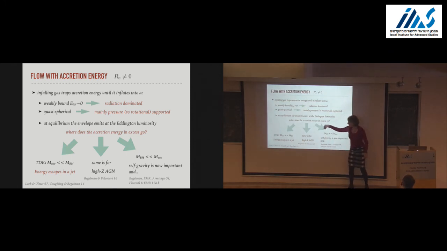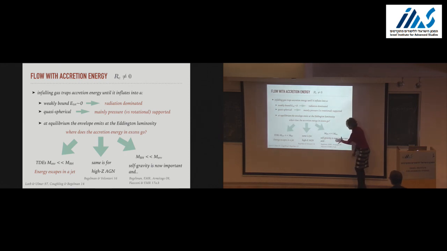And then there is another physical object in which this has been envisaged, but in this case the mass of the black hole is much less than the mass of the envelope, and self-gravity becomes important. So there is no coherent theoretical picture that goes from here to here. This is a piece of theoretical work that is missing, if someone wants to work on it.